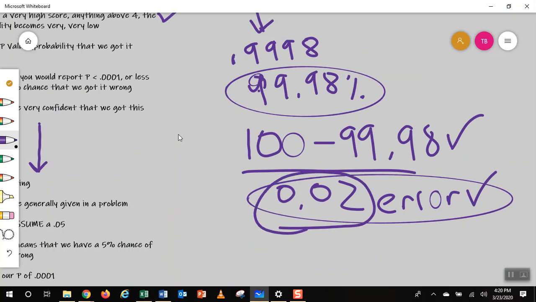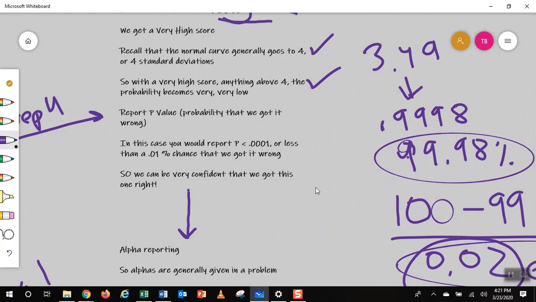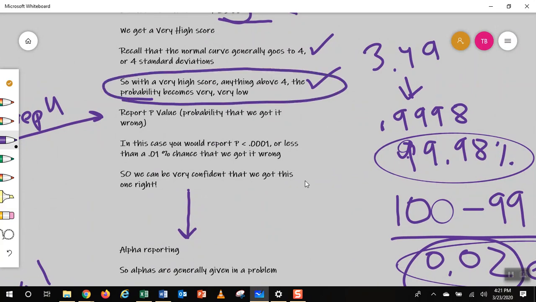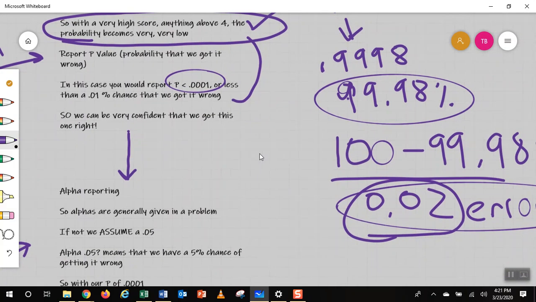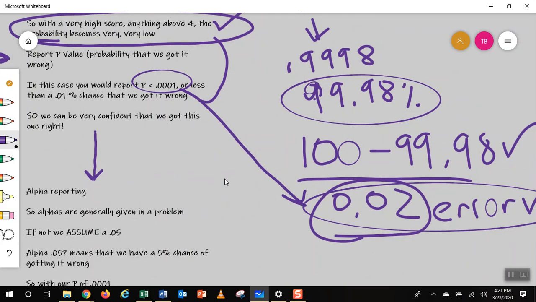So basically then when you get big enough, so for any number above 4, it's very likely that it's going to look like this. Your error, if we were to calculate it, is going to look something like your probability is less than 0.0001. 0.001% chance you got it wrong.